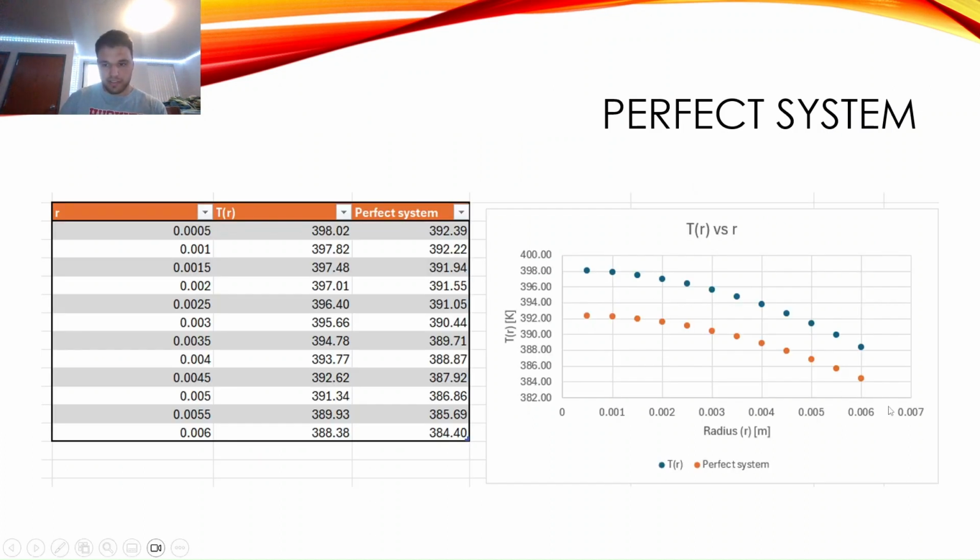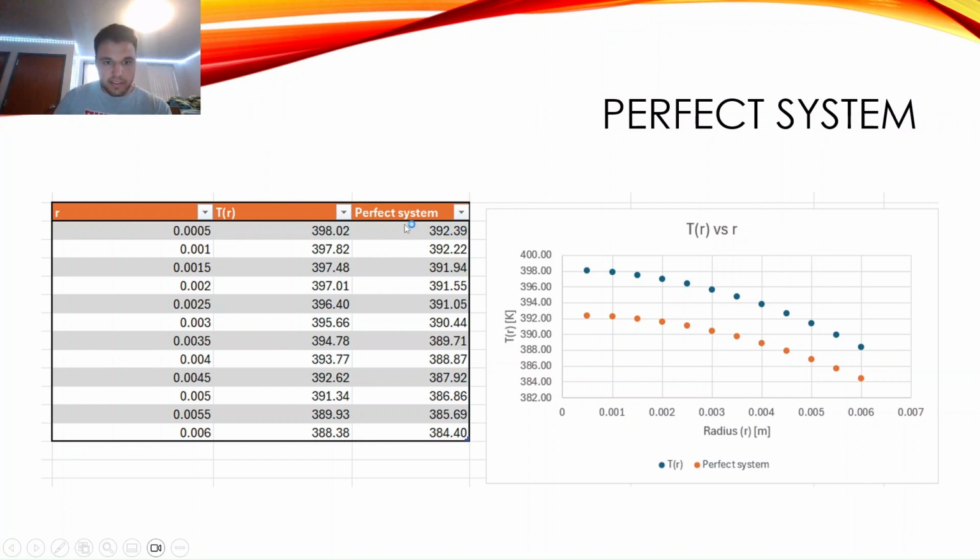So this is going to be a perfect system where I use the K of 17, the H of 4000, and the Q triple prime of 15.2. And as you can see, there's a slight slope decrease, and the total difference in the temperatures is going to be about 8 instead of being 10 as it is right here.